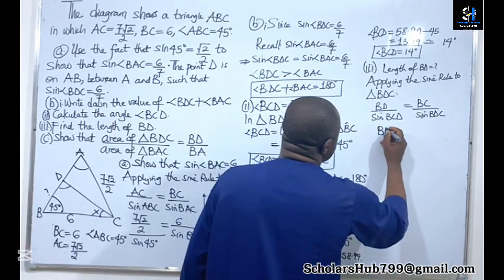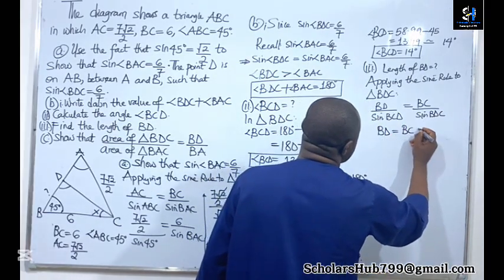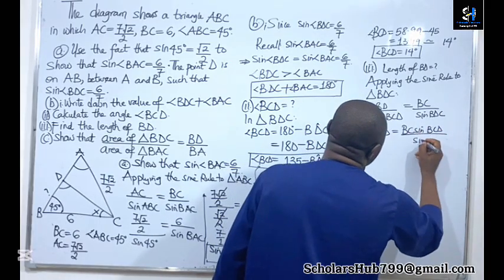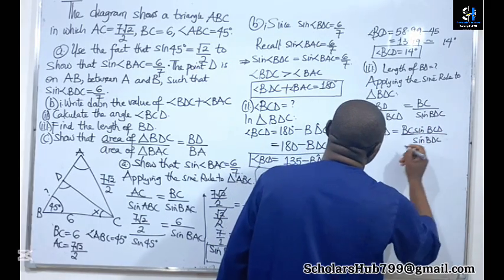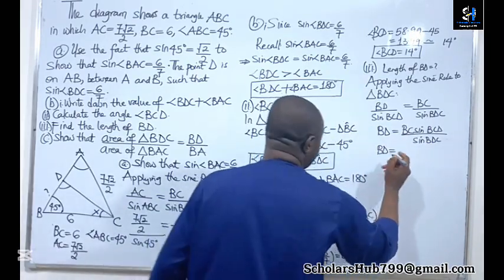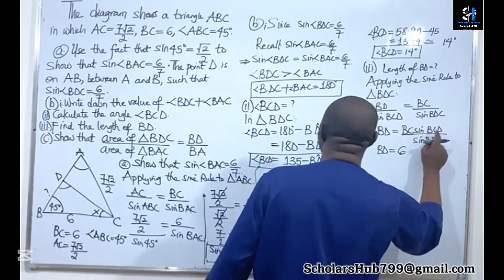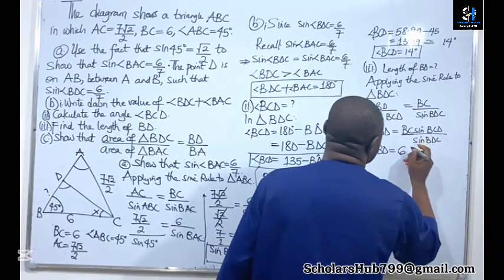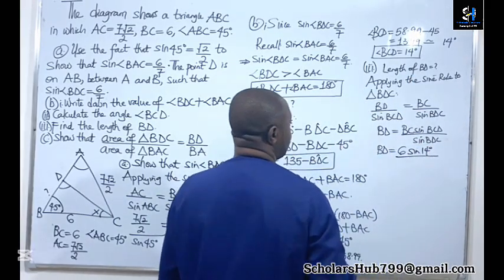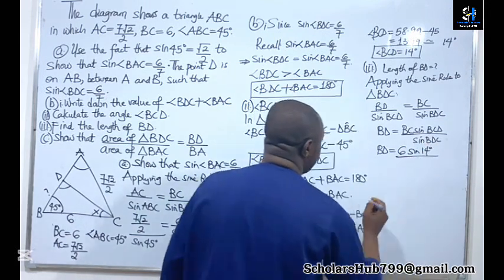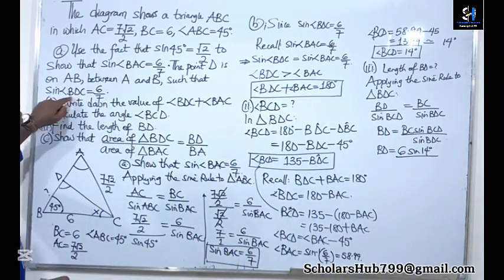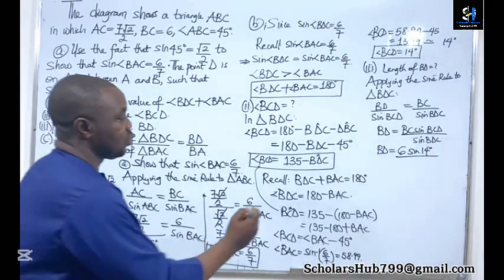So BD will be equal to BC sine of angle BCD over sine BDC. BC is 6, then sine BCD, we got BCD to be 14. Then sine of angle BDC is 6/7.